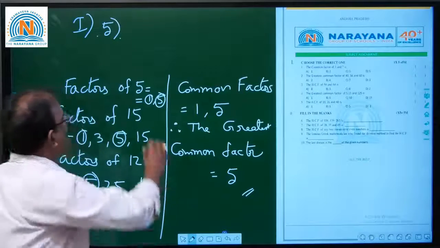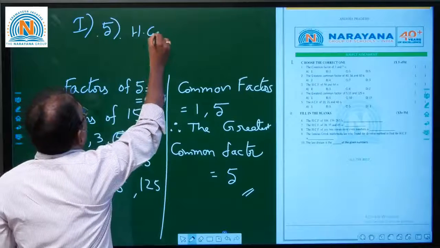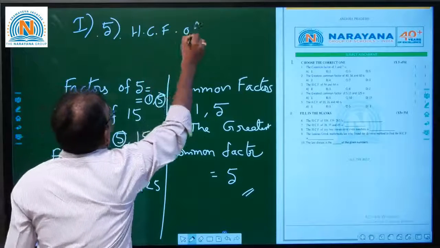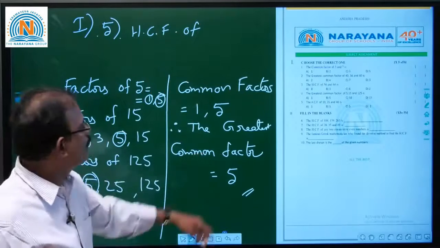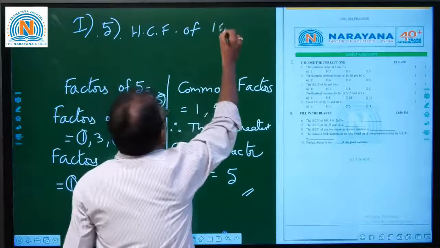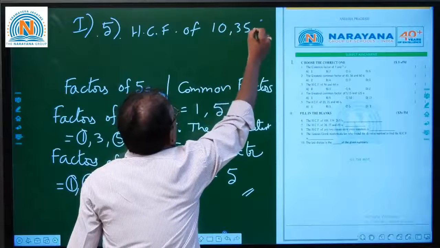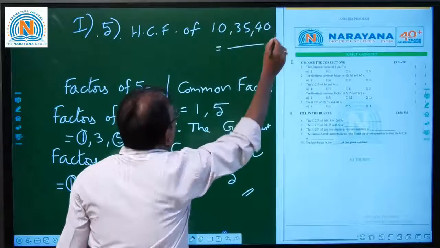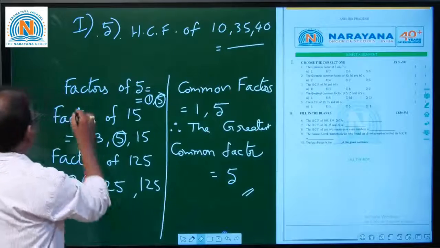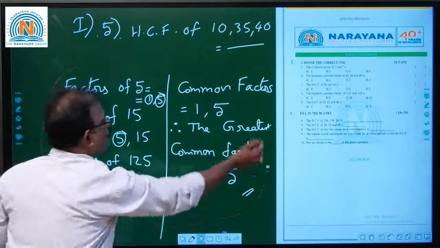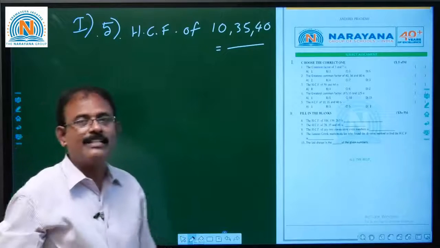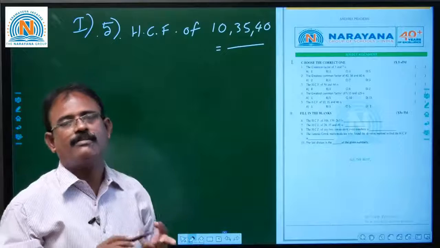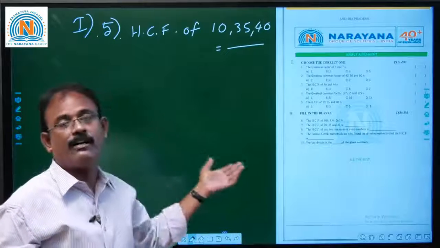What is the HCF of 5, 10, 35 and 40? Actually, children, so far we discussed two methods, division method and by writing all factors.